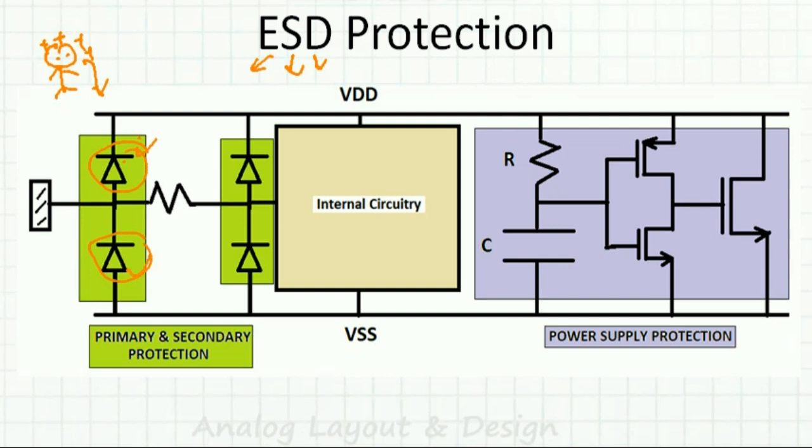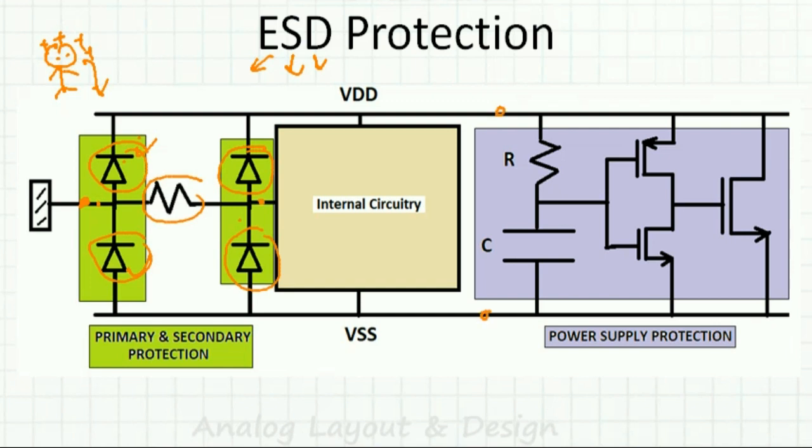This is known as the primary protection, and if this fails to clamp the voltage, then the secondary protection will pitch in and try to protect beyond this voltage. These two are the primary and secondary protection. And from power supply to ground we also have to protect.